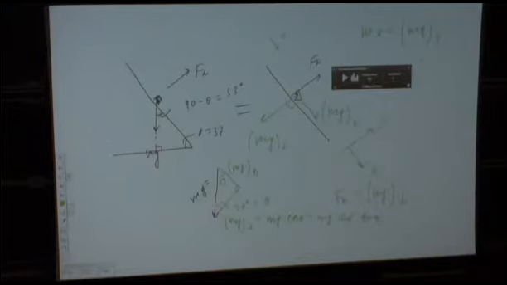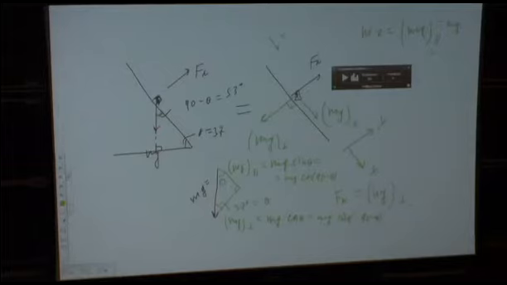And here for the parallel, that has to be equal to mg, which is the hypotenuse of this triangle, times the sine of theta, or if you prefer, mg times cosine of 90 minus theta, again, whichever you prefer. That's it. We're done.